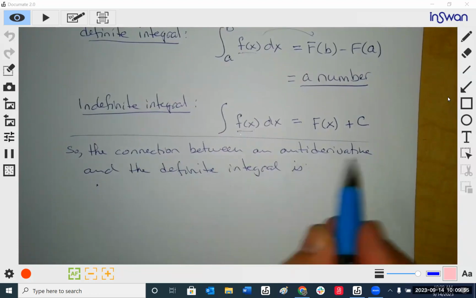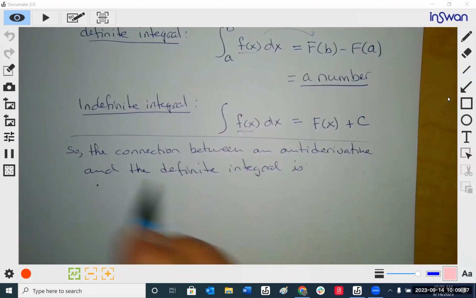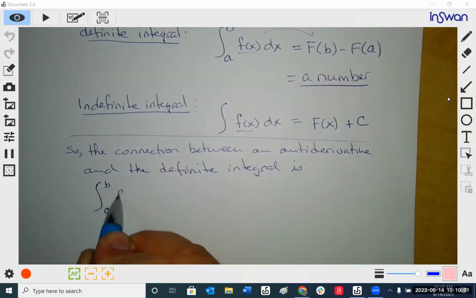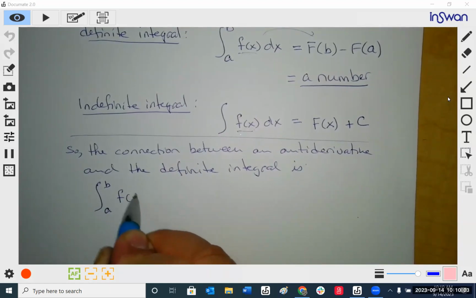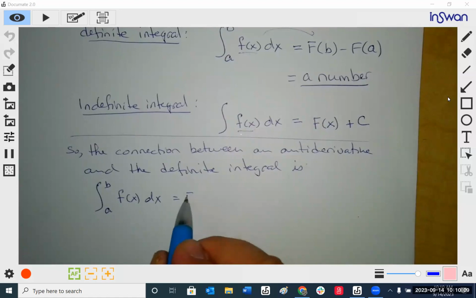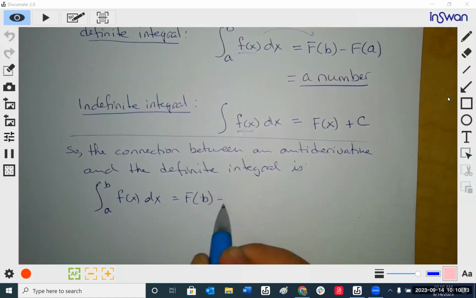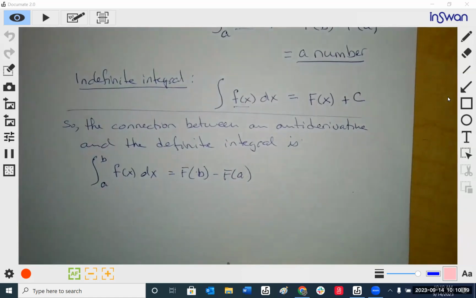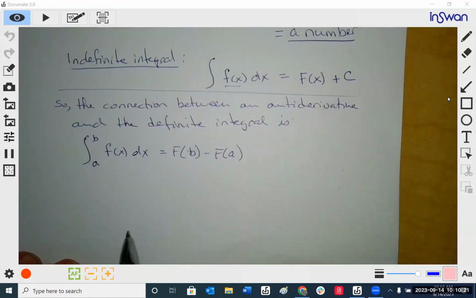So we have a bounded function. f is continuous, which equals the antiderivative of f, capital F of b minus F of a. That's how we defined it.